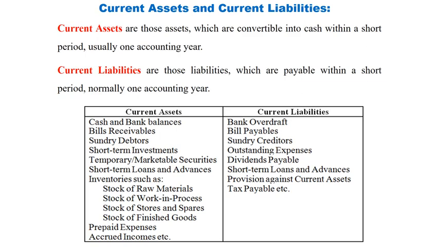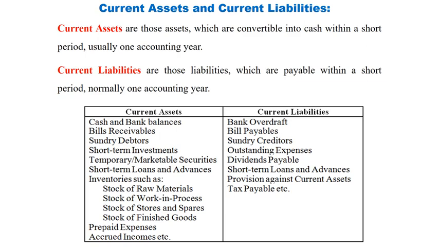Until they are sold, they will not be converted into cash. Then prepaid expenses, normally cannot be converted into cash, but benefits of such expenses can be availed. However, they are current assets. Accrued incomes, etc. come under current assets.